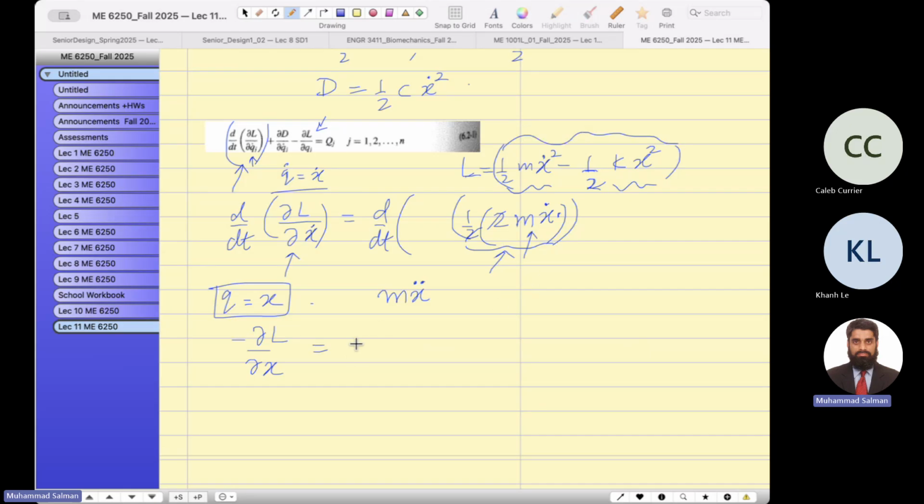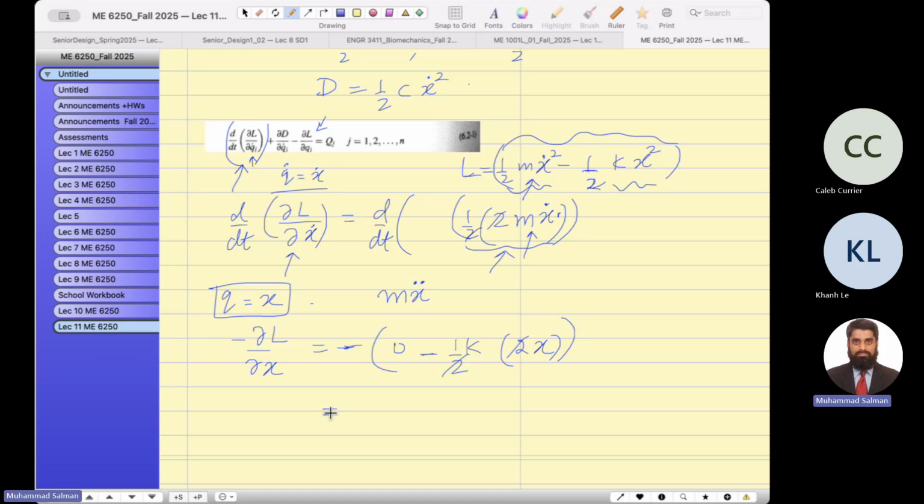So negative, outside the first term, is 0. This term's partial is 0 because there is no x displacement here. So negative half is outside, k is outside, which is constant, so I would do 2x. You agree with your professor? So negative 2 is cancelled by this 2, and negative times negative is positive.